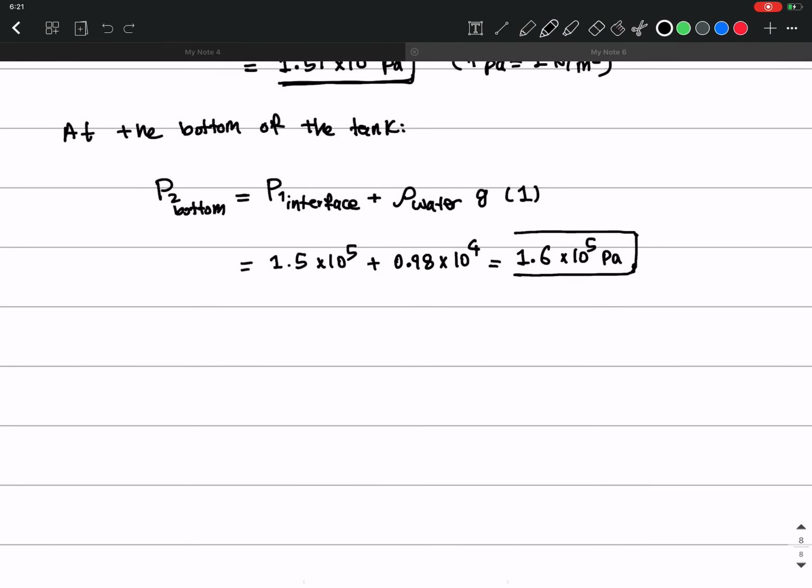So now I want to talk about hydraulic jacks. What is the idea behind hydraulic jacks that you might have heard of? So the next topic is hydraulic jacks.